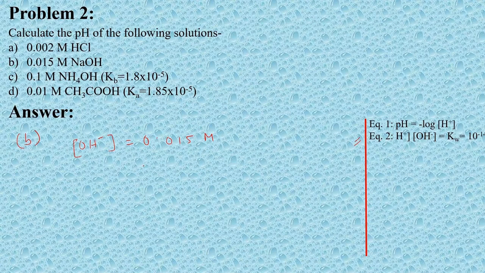So H plus concentration will be 10 to the power minus 14 by 1.5. So this is 6.67 into 10 to the power minus 13.